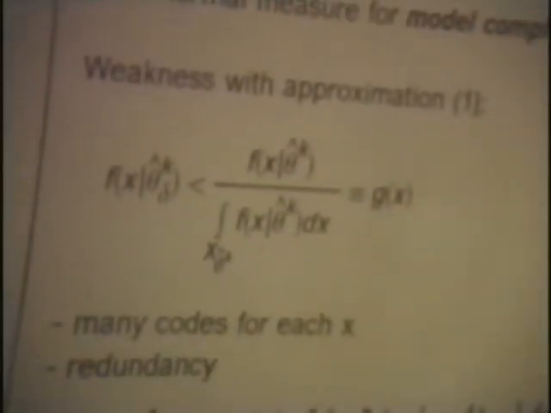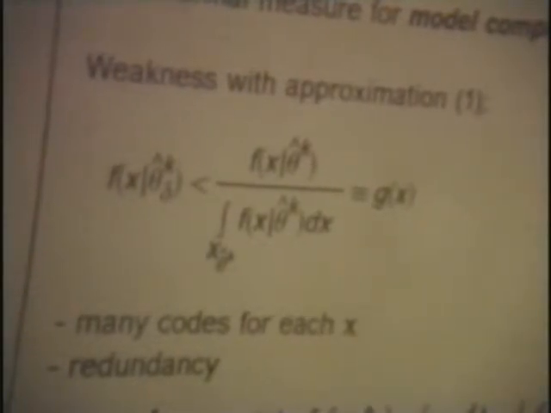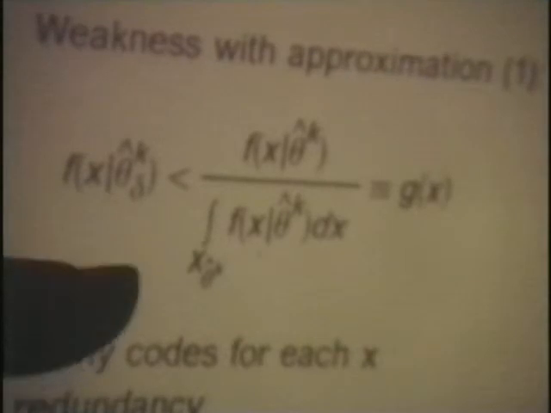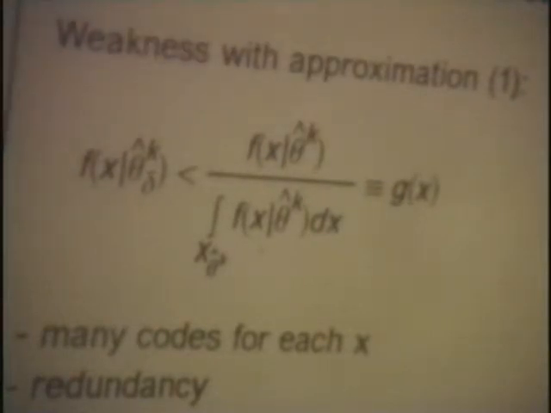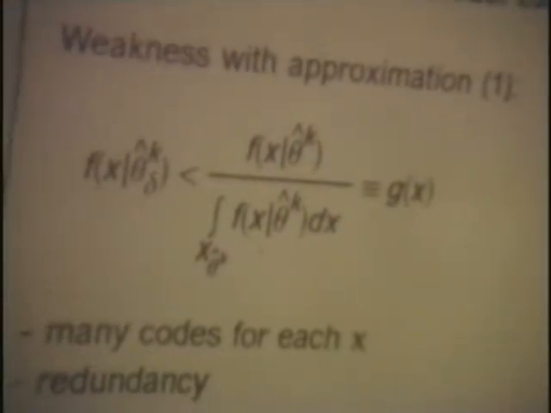However, there is an inherent weakness in this two-part coding business, and the weakness is that just using the distribution that you got from the model class isn't quite right, because if I normalize it the way indicated, I would get a bigger density or probability for the data, and of course its negative logarithm should be shorter.